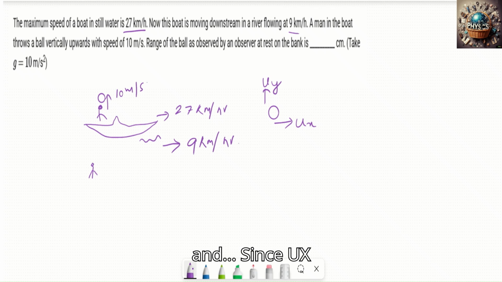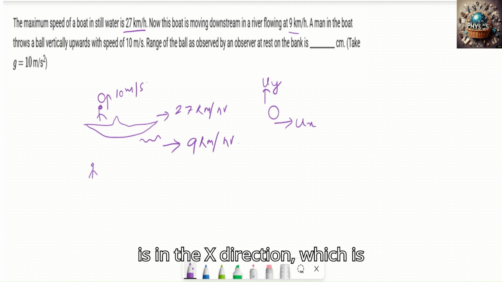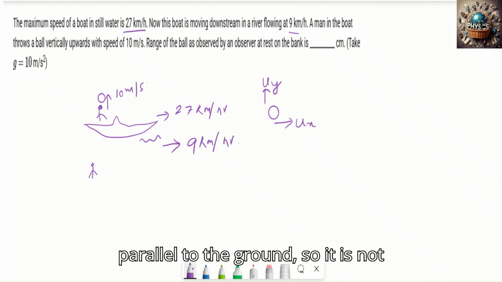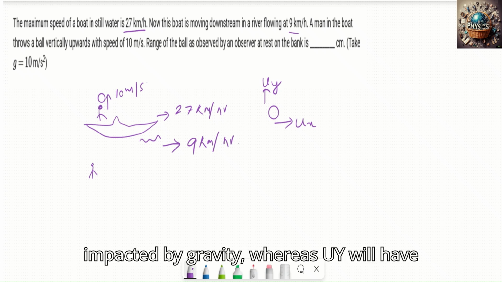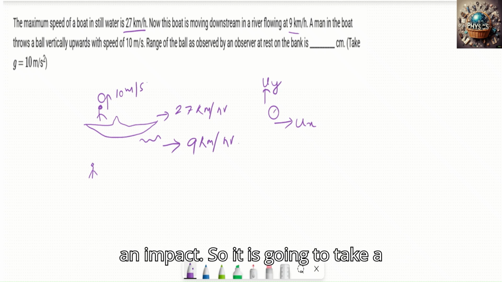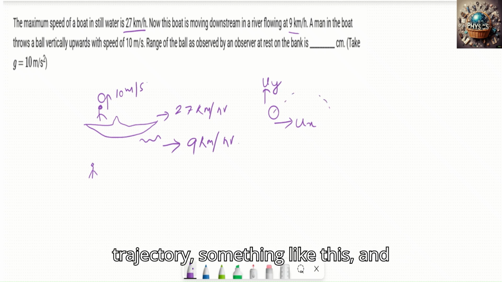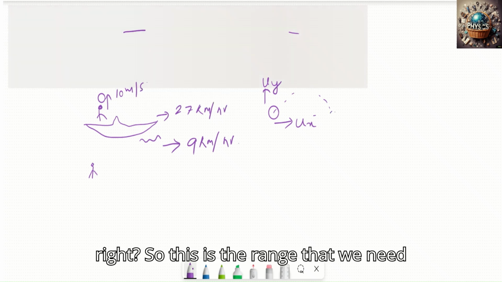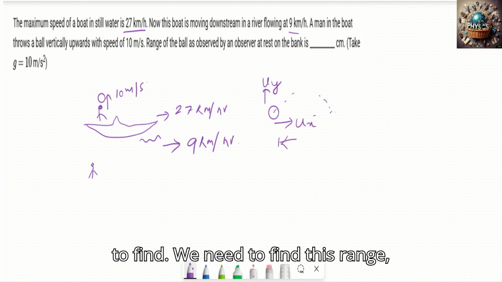And since ux is in the x direction, which is parallel to the ground, it is not impacted by gravity, whereas uy will have an impact. So it is going to take a trajectory something like this, and finally it will fall somewhere here, right? So this is the range that we need to find.